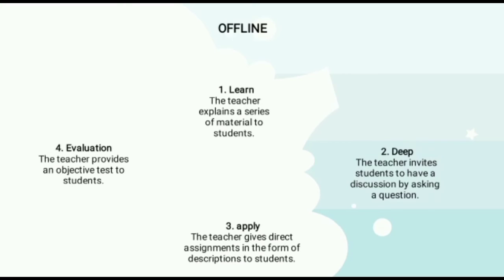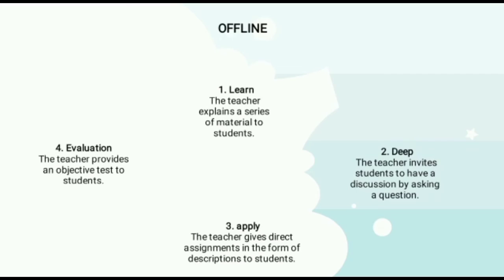The third step is, in this stage, either online learning or offline learning, the teacher or lecturer gives assignments in the form of description to students whose function is to measure whether they can apply the material that has been learned.